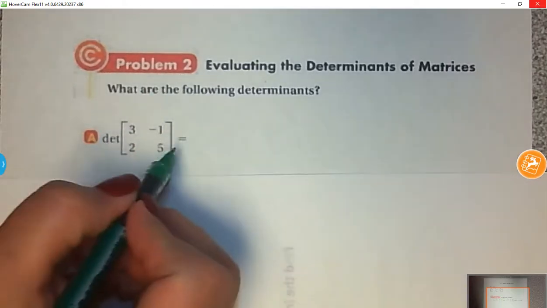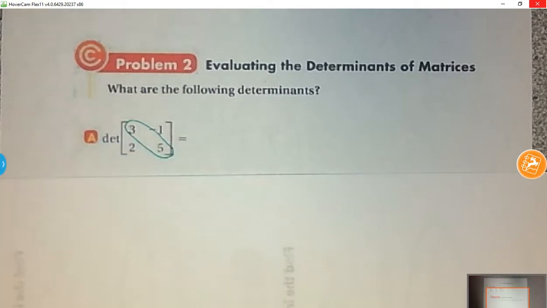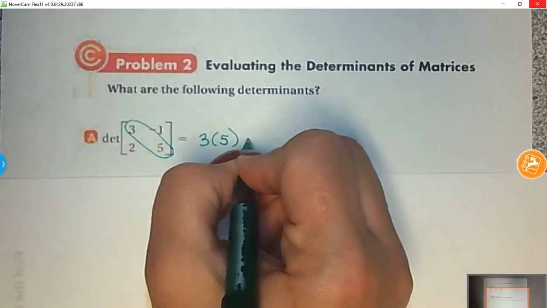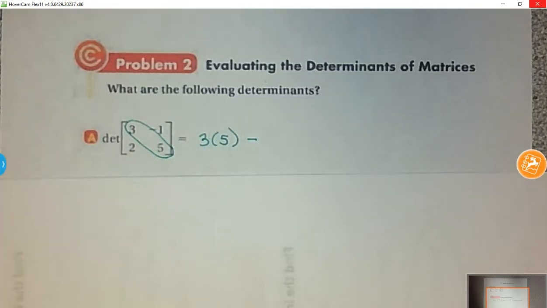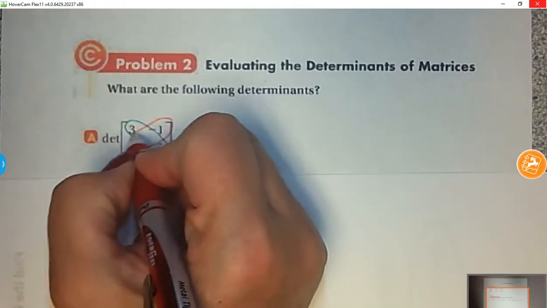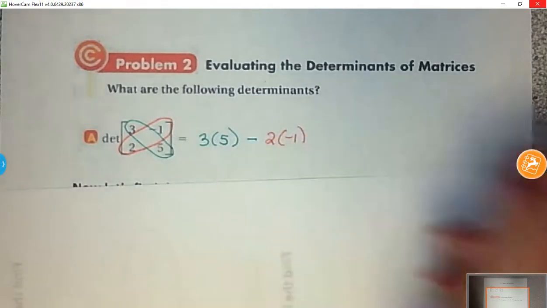I'm going to start out by multiplying these two numbers on this diagonal together. So it's 3 times 5 minus. It doesn't matter if you do 3 times 5 or 5 times 3. Then you multiply the ones on the other diagonal together. So that's 2 times negative 1.